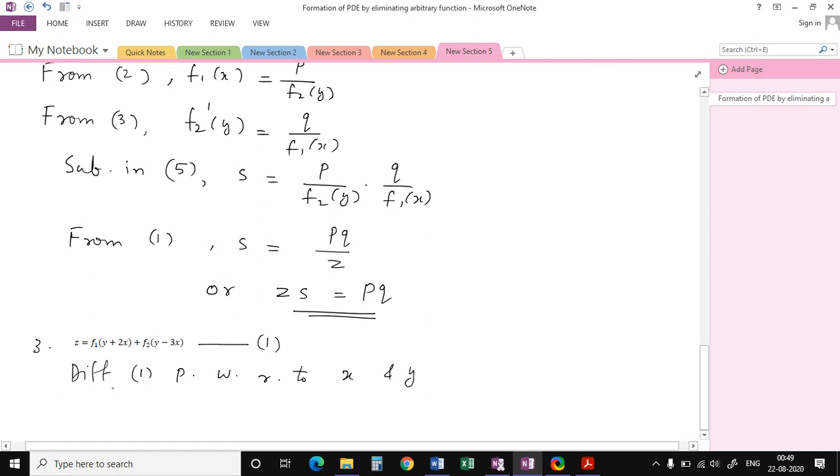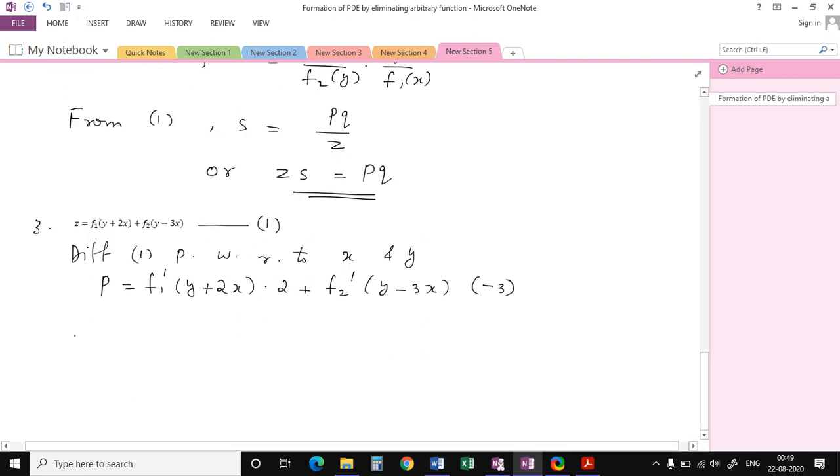So differentiating 1 with respect to x, you will get ∂z/∂x, that is p, that is equal to f1'(y+2x) into derivative of y+2x, that is 2, plus f2'(y-3x) multiplied by derivative of y-3x, that is -3. So this is one equation.